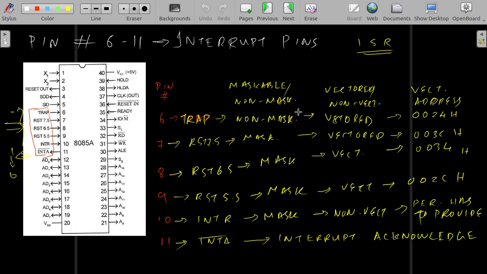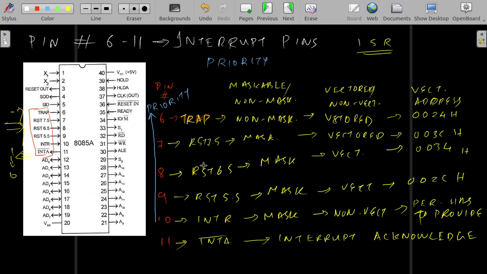In the next lecture, we'll continue with the remaining pins. One more thing, there is this concept of priority of interrupts, and this is the increasing order of priority. What does priority mean?